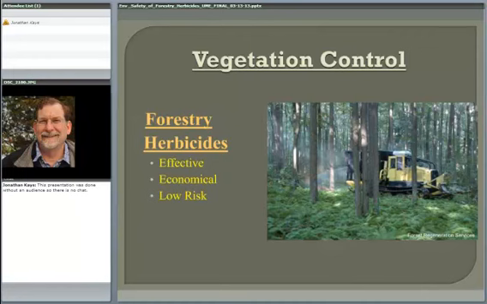The other thing is risk. Well, most forest herbicides we use today are generally of low risk to the environment and to humans when used according to the label. People are concerned about that, and I'll point out why they are low risk. They say, well, let's use mechanical methods. And you have to ask the question, using mechanical methods such as saws and axes and so on are more likely to cause injury to workers, as well as damage to trees and to the future forest than any type of forest herbicide that's used according to the label.